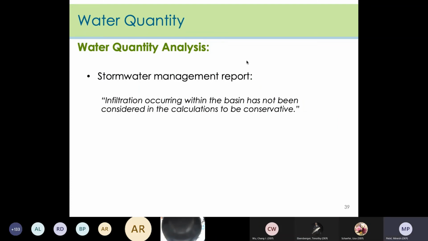In their stormwater management report, they discussed that infiltration occurring with the basin has not been considered in the calculations to be conservative. However, as was said in the calculations presentation in Module 2, since this is a small-scale GIBMP, exfiltration can be used in the routings, but it must meet the conditions in Chapter 5 along with any pre-treatment.